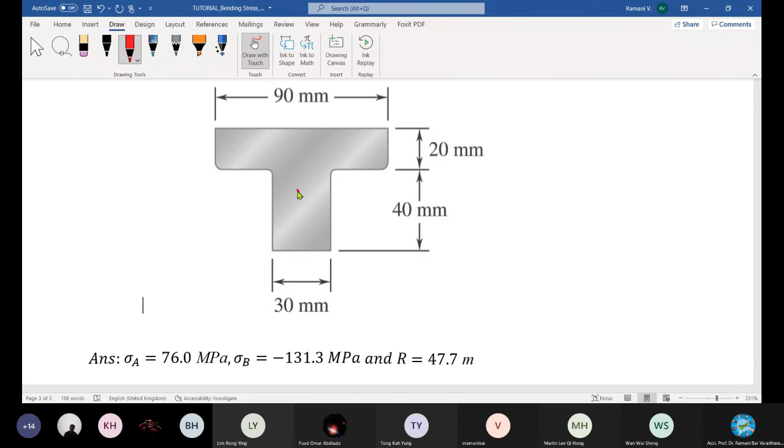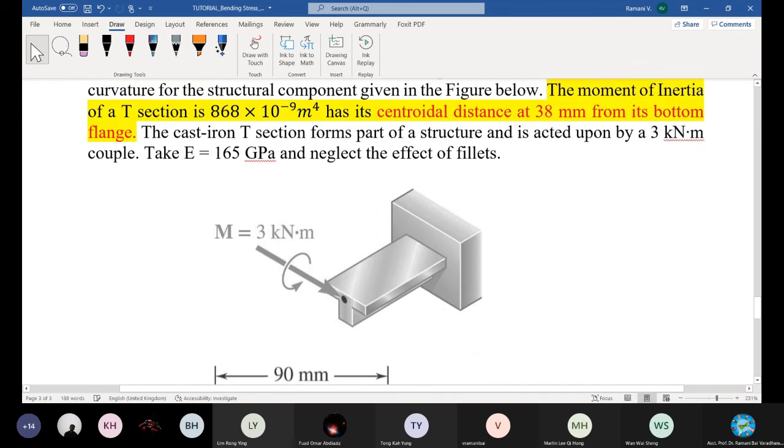This point is given to you already, and its distance from the bottom flange is given, that is 38. Don't again calculate by following the procedure for y bar. Y bar is given to you already. So just substitute in the flexural formula. You can easily find the value for bending stress. Okay, I'll continue in the next class. I stop here.